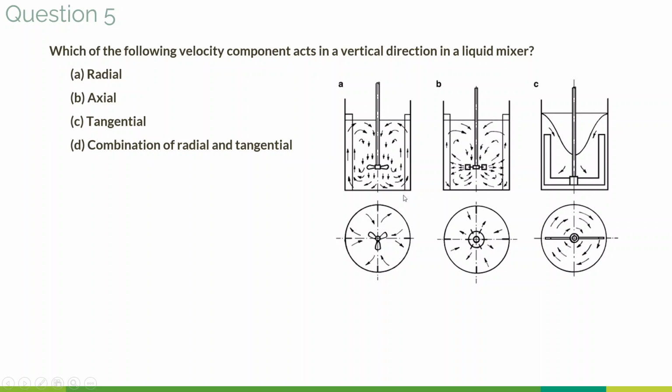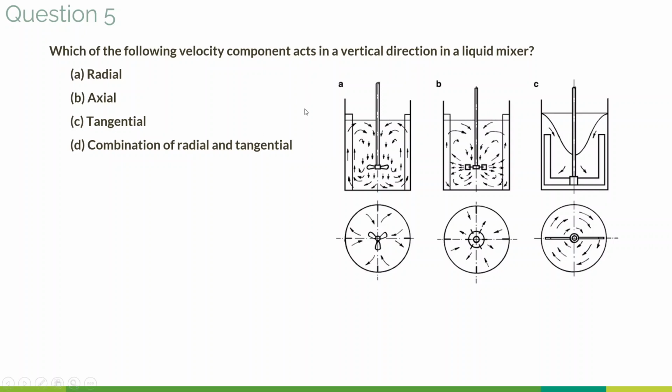So just to give a pictorial representation of these 3 velocity components, you have radial here, where the velocity component acts in a direction perpendicular to that of the shaft. And then you have axial, where the velocity component acts parallel to the direction of the shaft, giving an axial flow. And then you have tangential flow, where the velocity component acts tangential to the circular motion of the impeller blades inside the container.